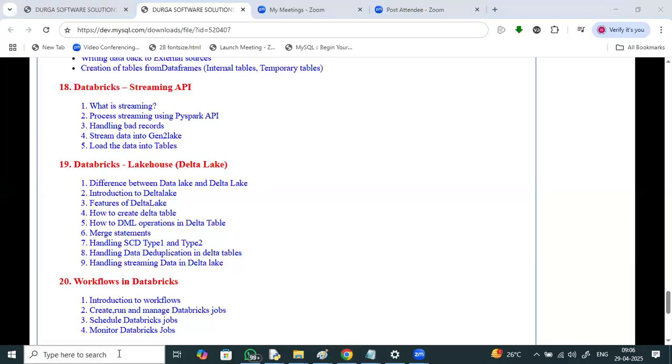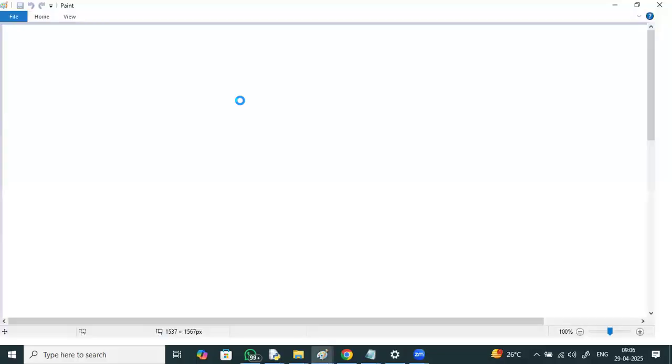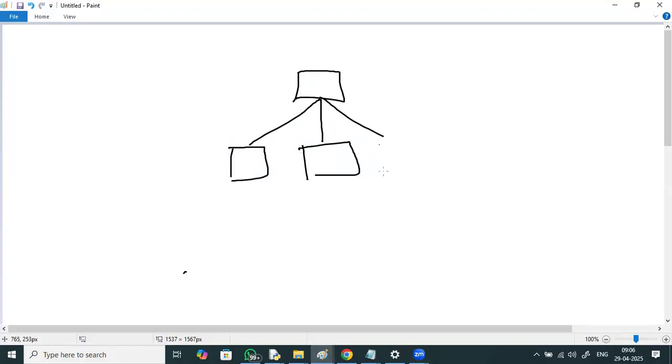Let me show this diagram. For example, think that you got fewer systems, 3 systems are there, S1, S2, S3. Your data is divided into 6 partitions, P1, P2, P3, P4, P5, and P6.